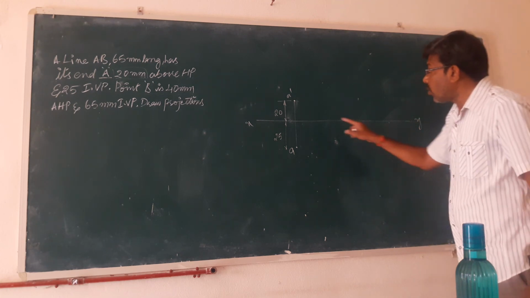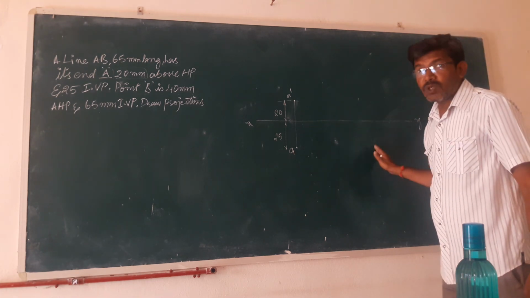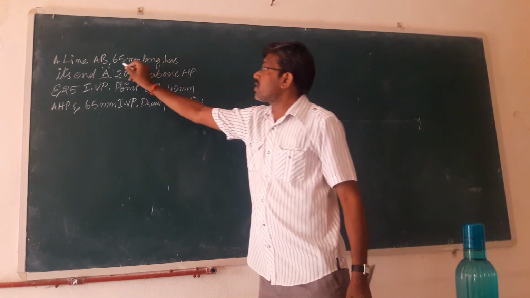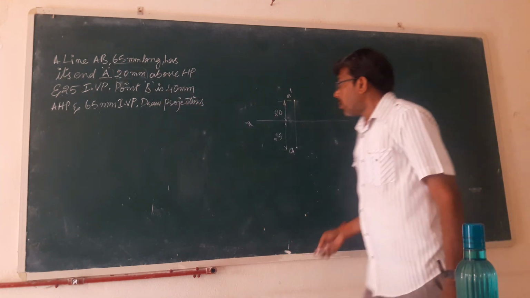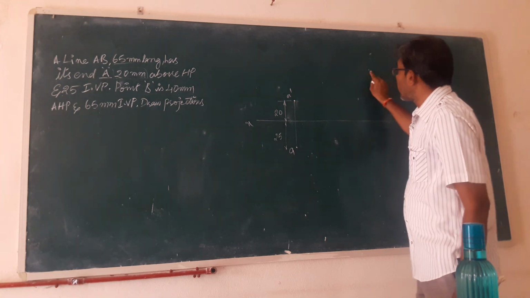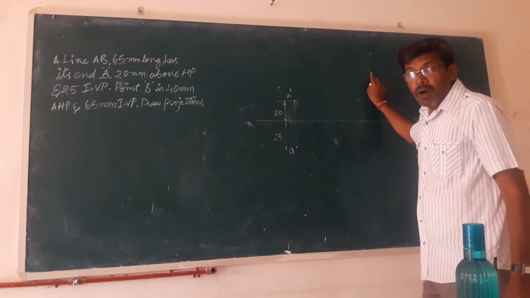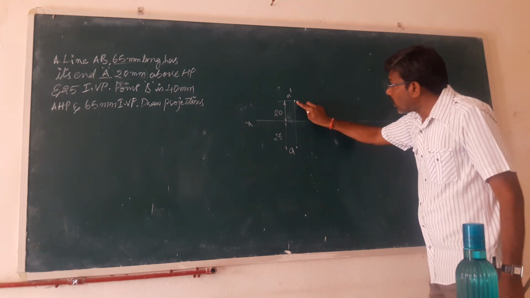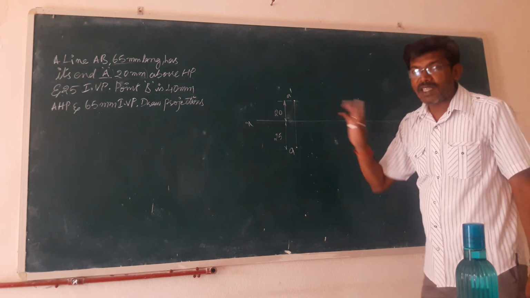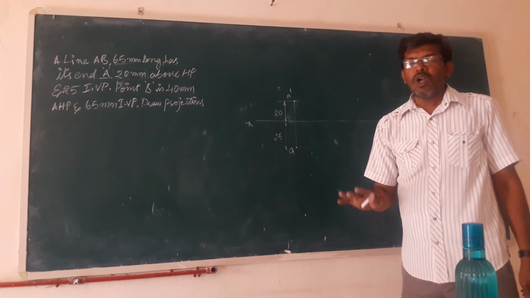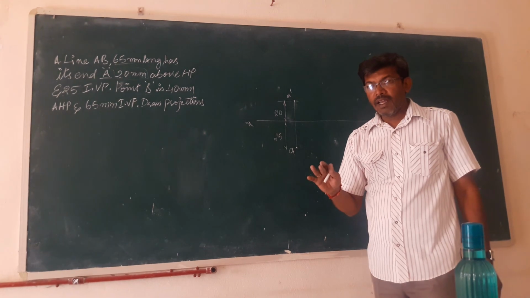But I don't know the distance between these. The total length of the line is 65 mm, but suppose I take the point here and draw a line between A dash and this point, it may not be 65. So what to do to get a 65 mm line?